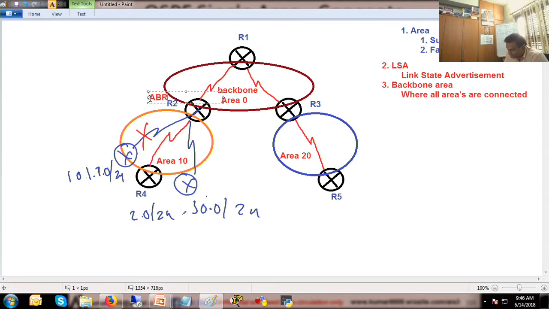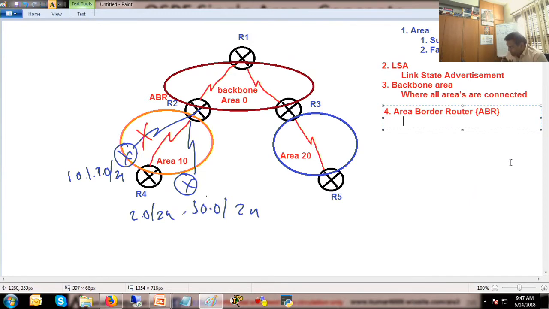So what is an area border router? How do you define it?